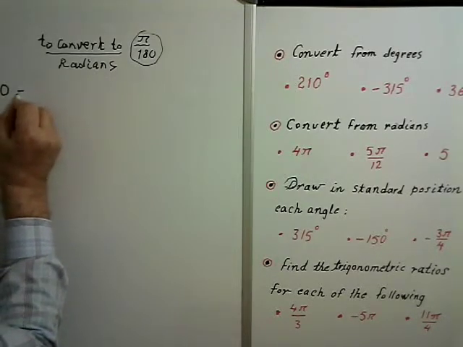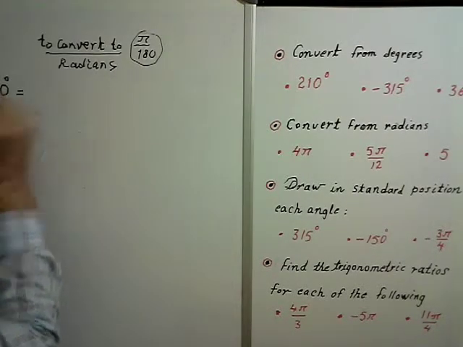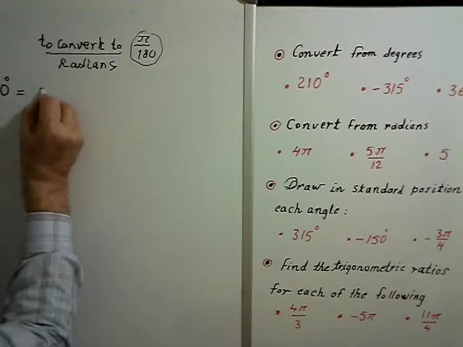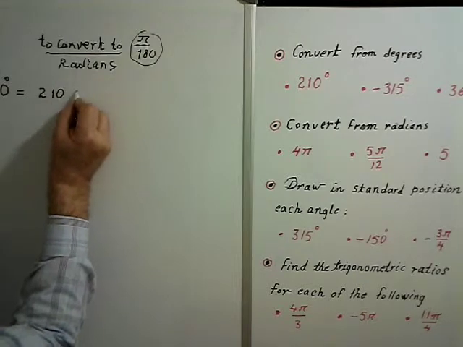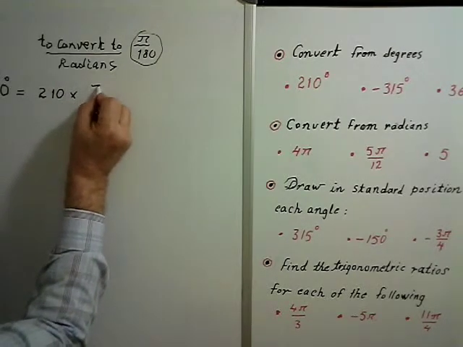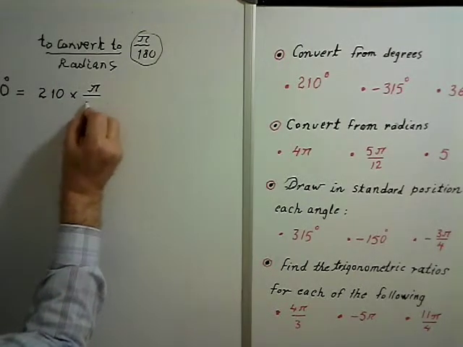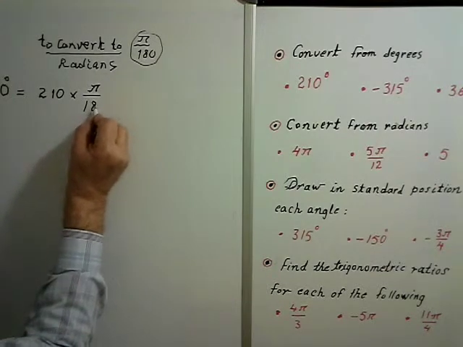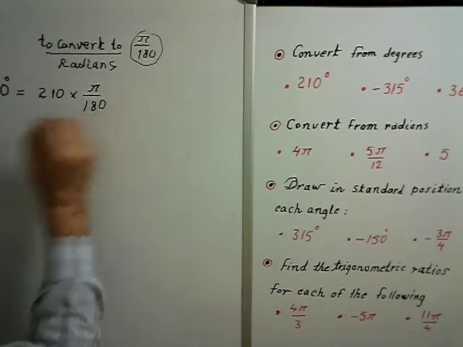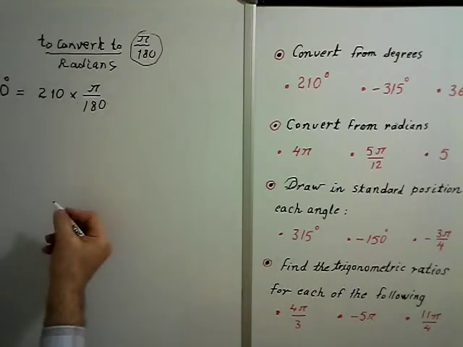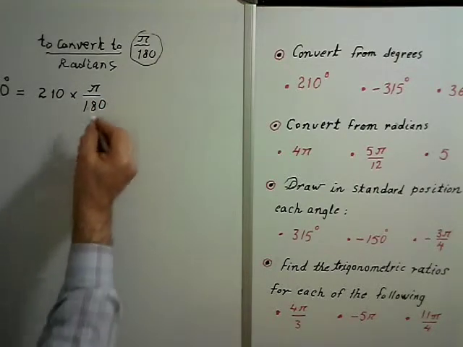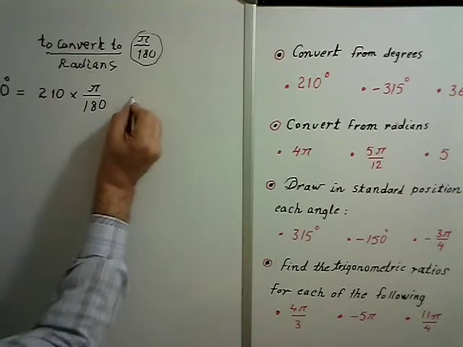degrees is equal to 210 times pi over 180. Then we will simplify to get the answer.